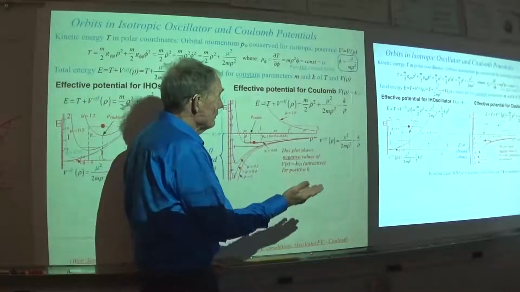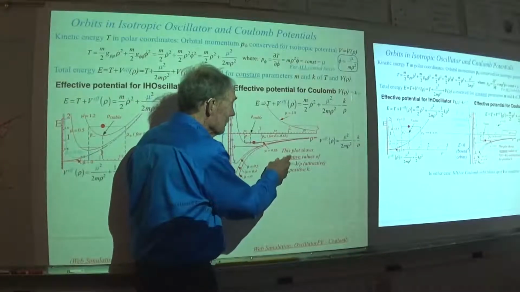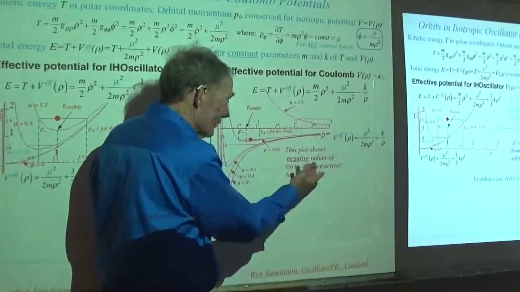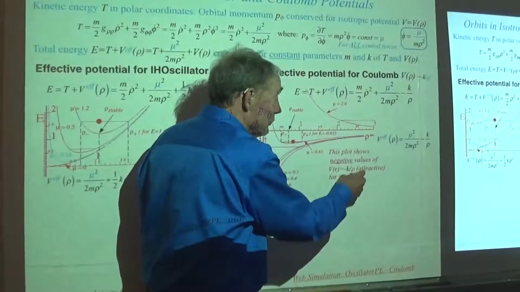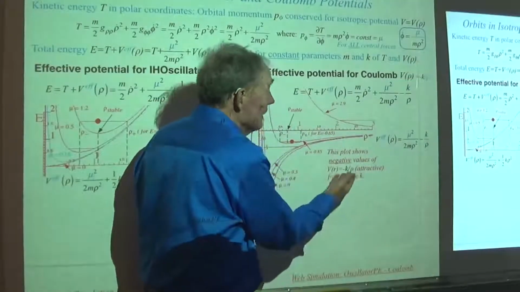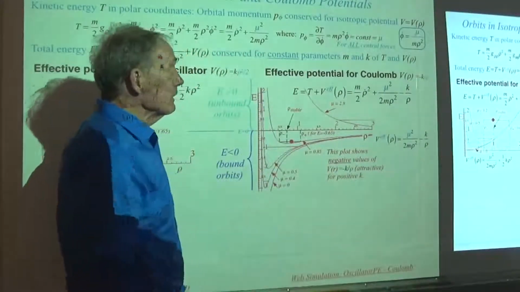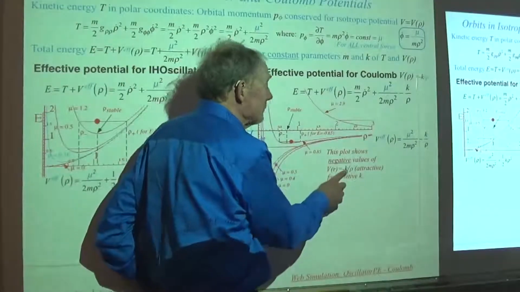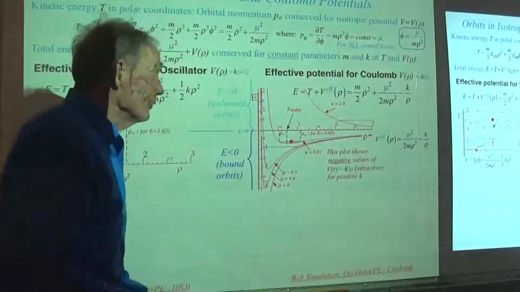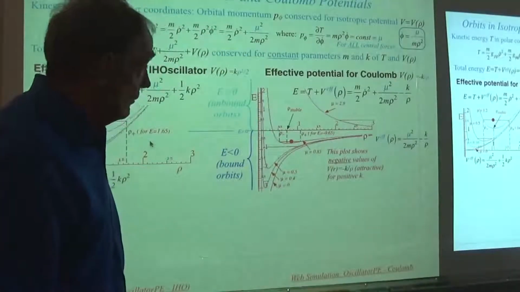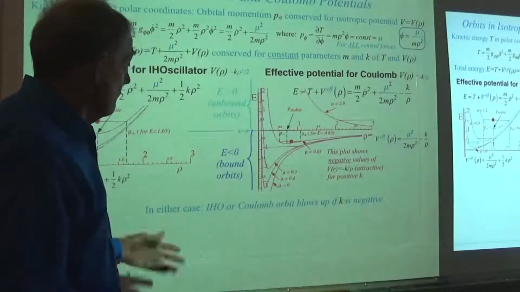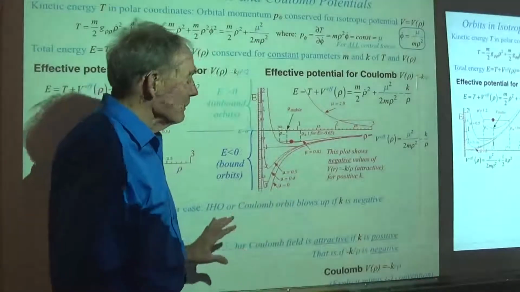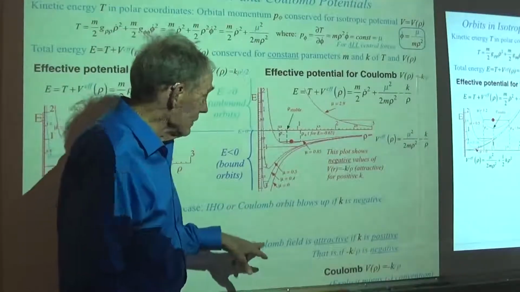Here, K could be positive or negative, but what we're showing here are negative values of minus K. That is, we're going to assume an attractive potential, and for this particular go-around, an attractive potential has positive K, and you have to put the negative sign in there to do the attractive case. I want to make this point very clear, because we're going to be consistent about this.